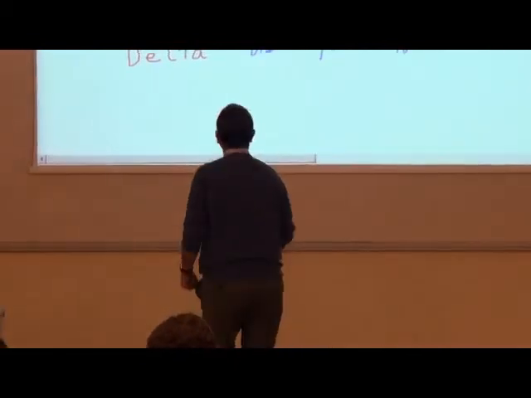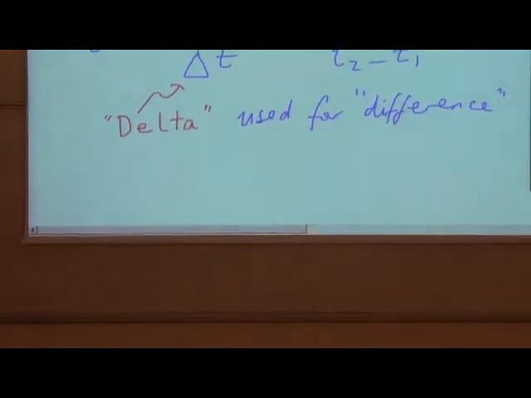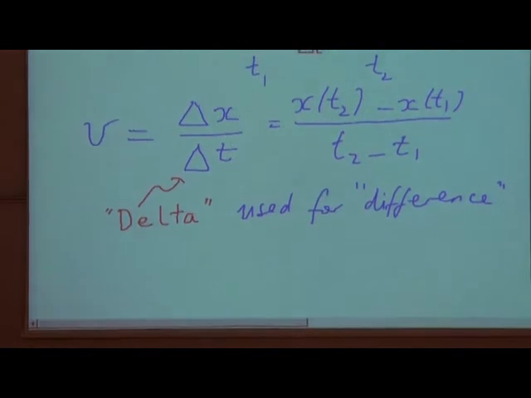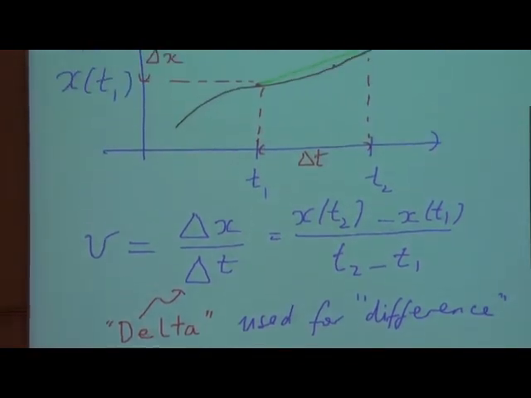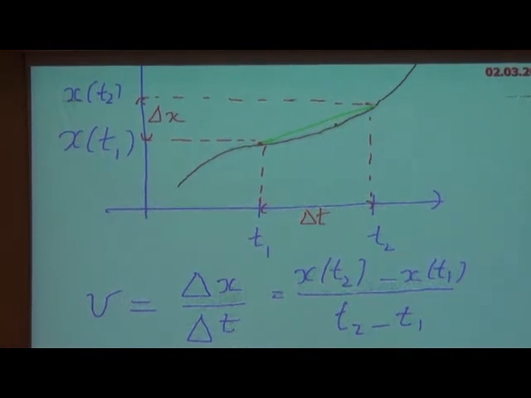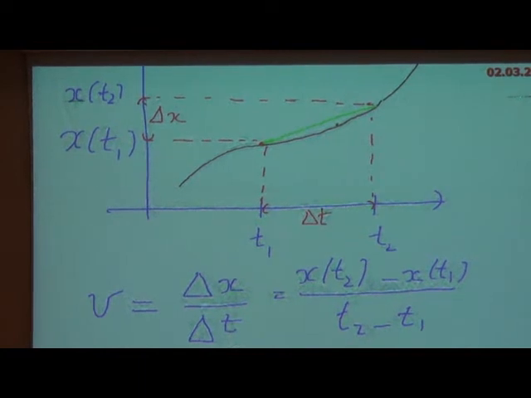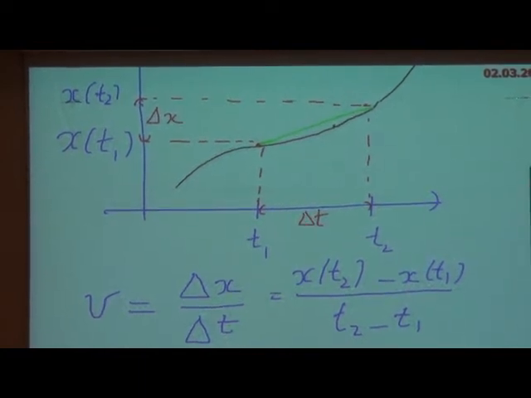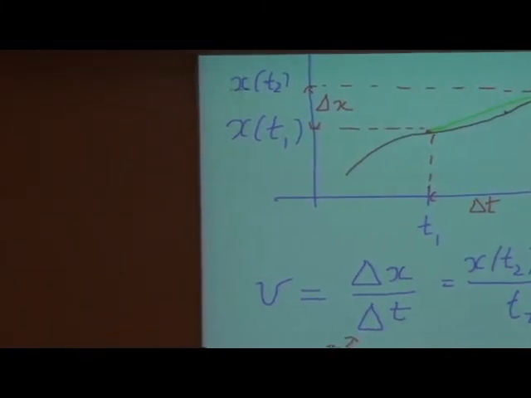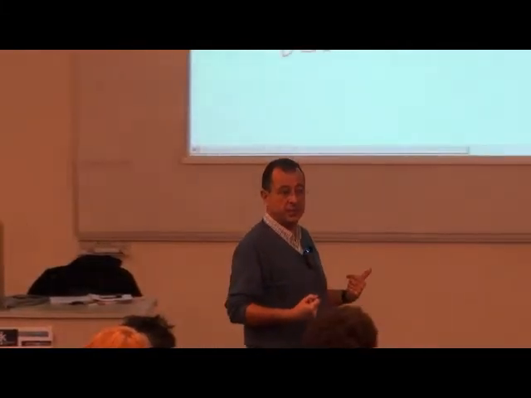And now let us look at this graph. Is this the exact velocity of the particle? Between time t1 and t2, the particle is moving along, and I'm making some measurements. Now I'm trying to calculate what is the speed.